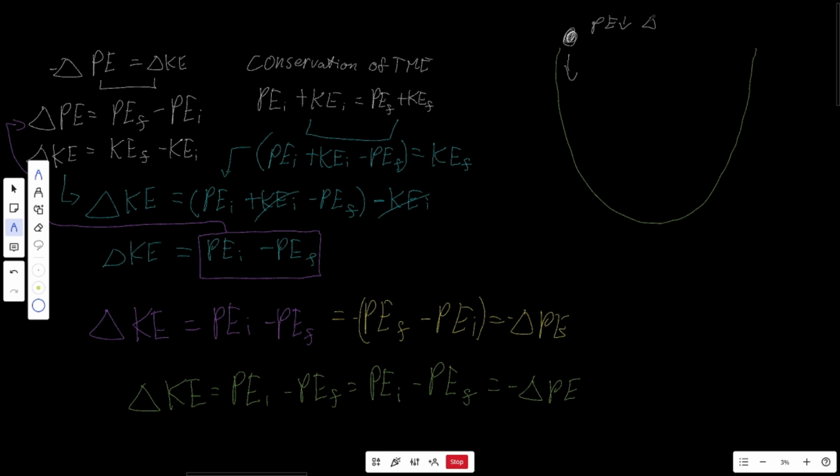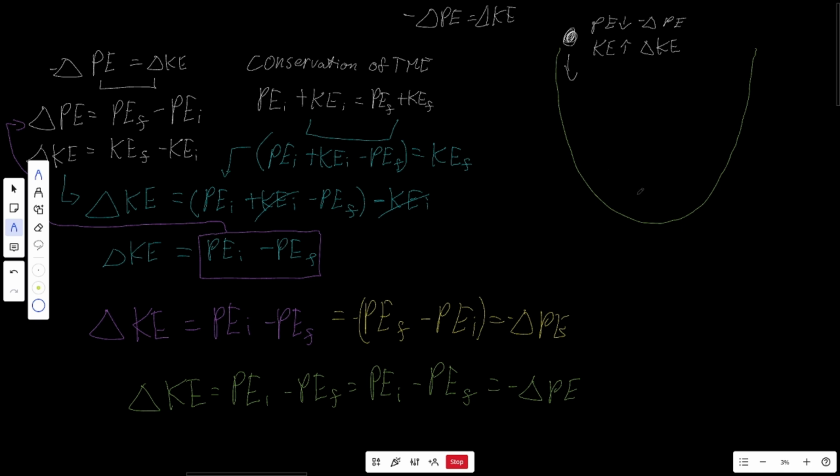This is negative change in PE, and its KE is increasing. So that's positive delta KE. Now these two should always add up to TME, so regardless, this will always equal the same. Because that negative delta PE, as we already said, is equal to just delta KE.